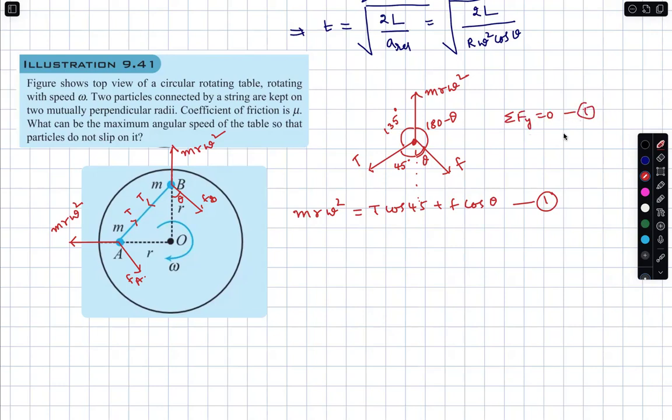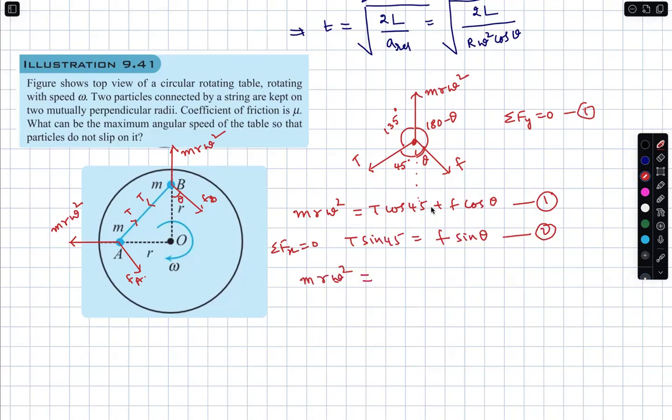That is the source of equation 1. And I have one more option also: along sigma F_x equal to 0. That gives T sin 45 equals f sin theta. Agreed? Equation 2.